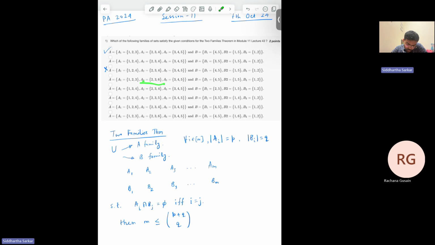Now let's look at A2 intersection B1. Even A2 intersection B1 is empty. 2, 3, 6 and 4, 5. So nothing common. That is violating the conditions. A2 intersection B1 should be non-empty, but here in these two families, A2 intersection B1 is empty. So therefore, this condition is not satisfied.